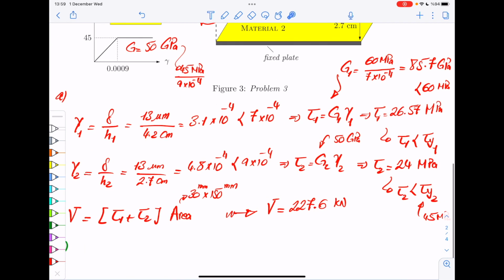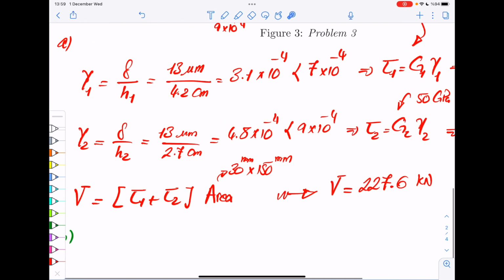So let's say gamma 1 is delta divided by H1 again, as we did before. Gamma 2 is delta divided by H2.